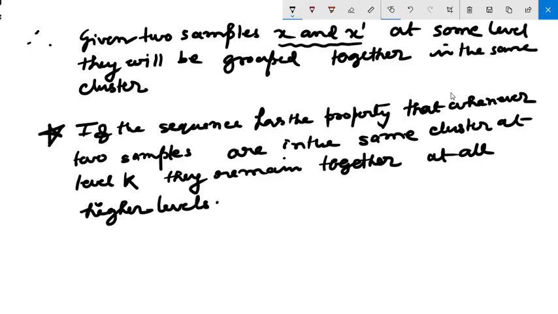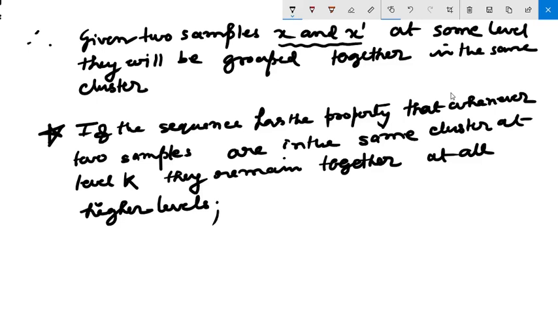Then that means once any two points are grouped at a particular level k, in the higher levels also those two points at least will be in the same group.